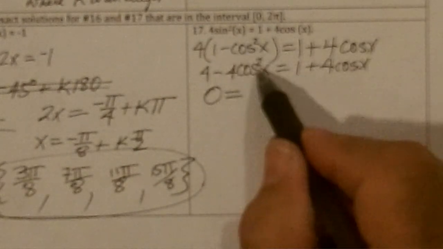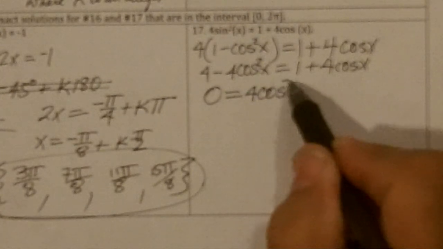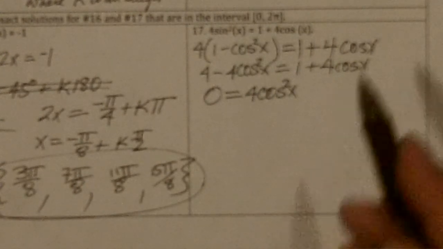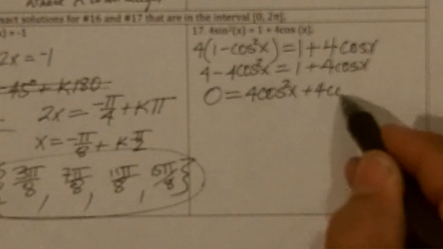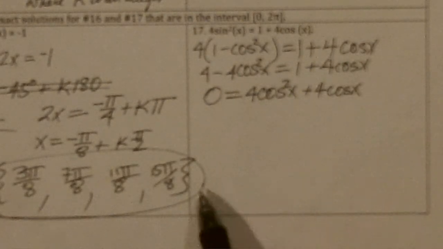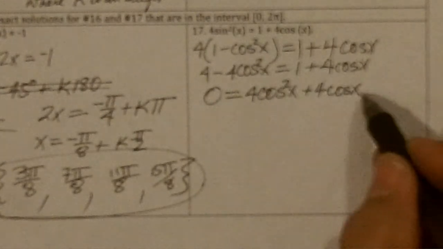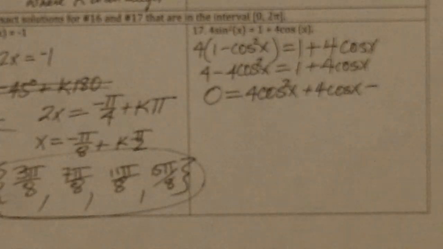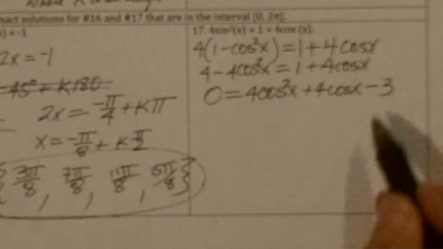This minus 4 cosine squared will become positive 4 cosine squared x when we add it to both sides. Then we're going to have plus 4 cosine x, and when we subtract 4 from both sides, we're going to have minus 3.